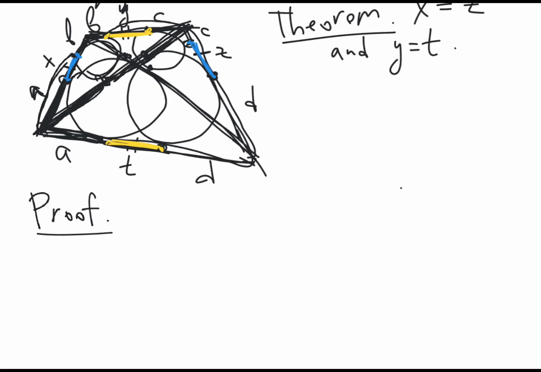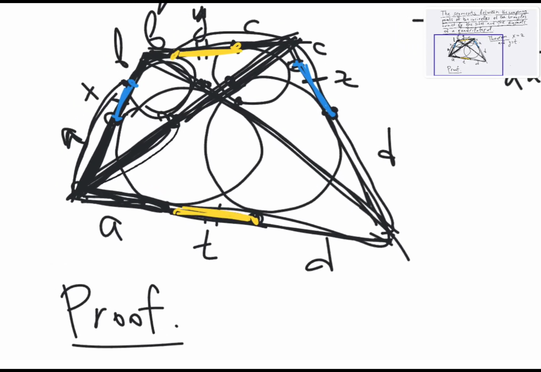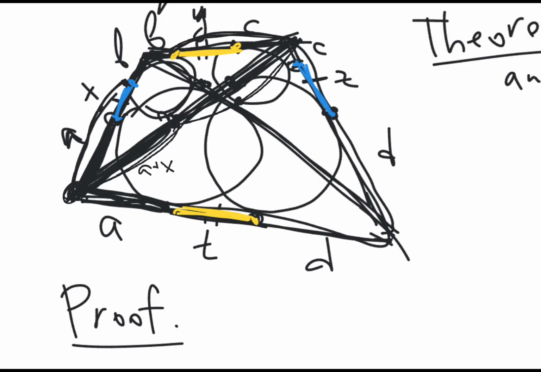So this segment is equal to a plus x, because it is the tangent from this vertex to the same circle. And this segment is equal to this segment, because it's again the two tangents from the same vertex to the same circle. So it's c plus y.